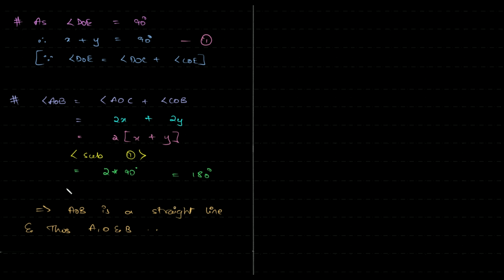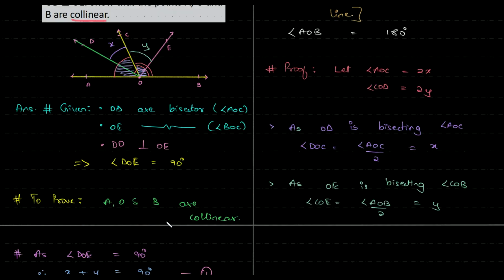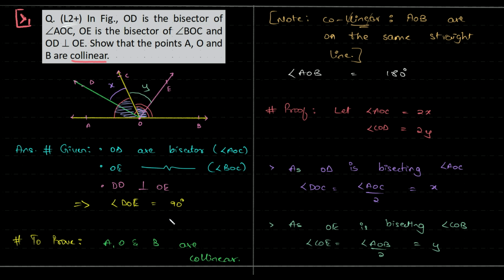And we can write the reasoning: angles on a straight line add up to 180 degrees. That is your reasoning. Understood? So we have to write everything. It's not just telling the answer and hence proved and all that. We have to give the reasoning also, the theory or concept that you have used. We have to make that clear.